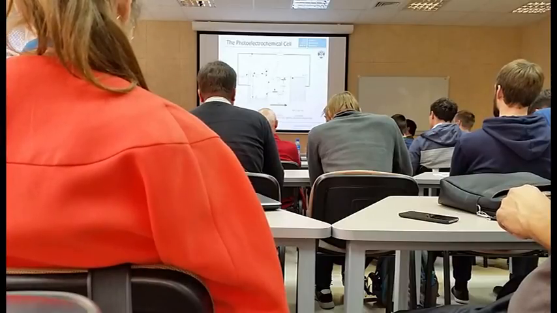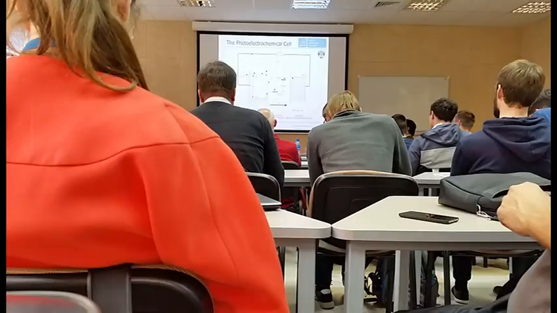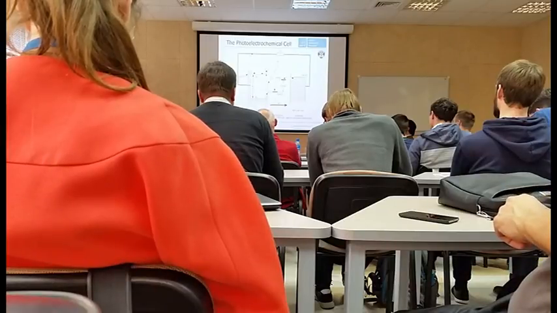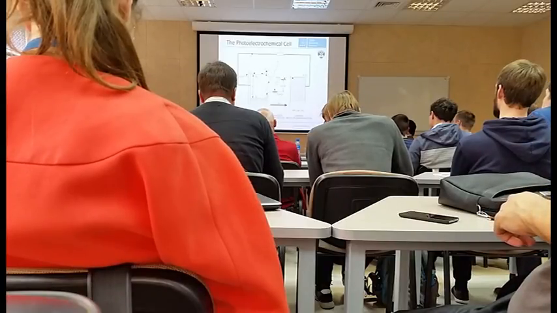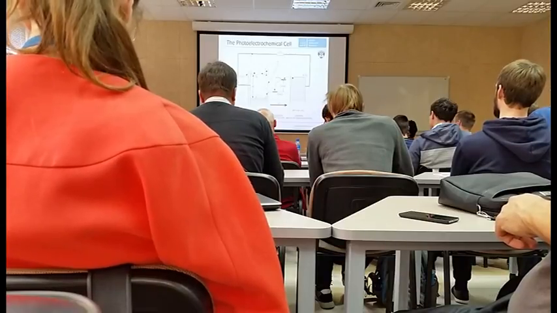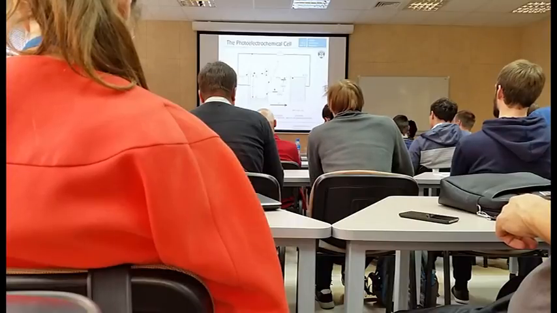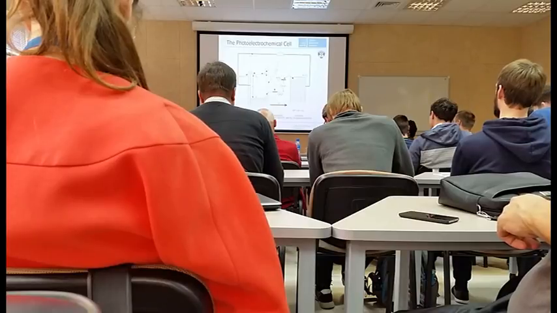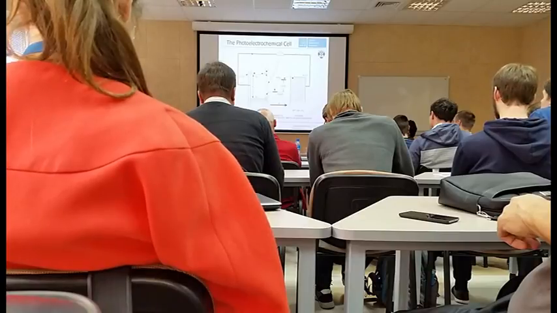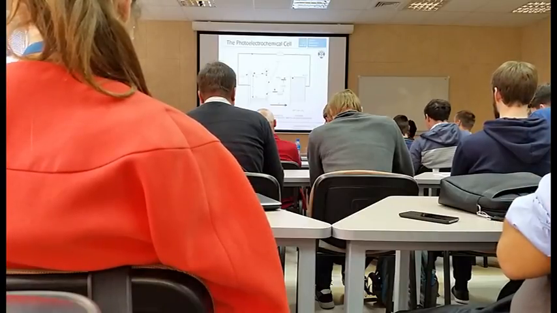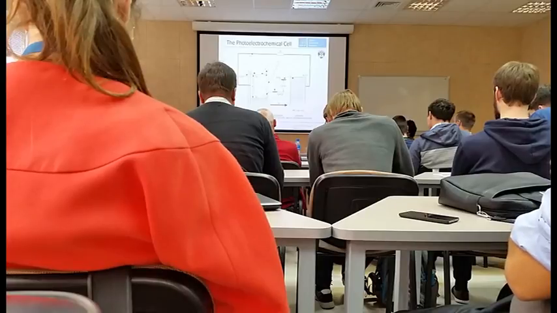This area has evolved almost 40, 50 years ago, when people first realized that if you illuminate a semiconductor and you have this semiconductor connected to a counter electrode, and you illuminate it with light exceeding the band gap energy, you can promote electrons from the valence band down here to the conduction band.